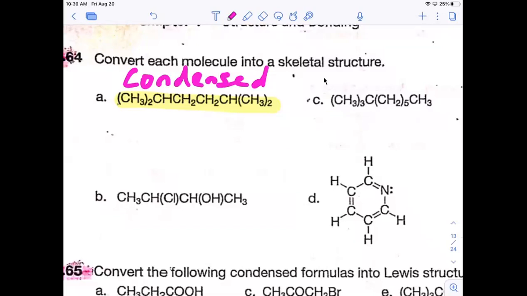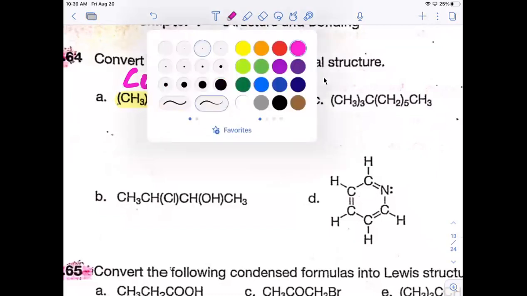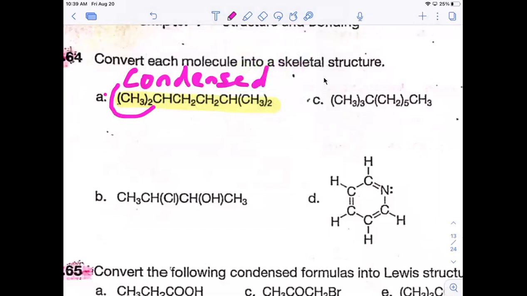So let's do the Lewis form. And if you notice here at the termini, you have a CH3. You have a CH3 here with a subscript 2, right? And that's connected to that CH that's to the right of it. And then over here, you have the same thing, a CH3 with a subscript 2 connected to the CH that's to the left of it. So the middle part, let's focus on that first, and then we'll go back to the termini.